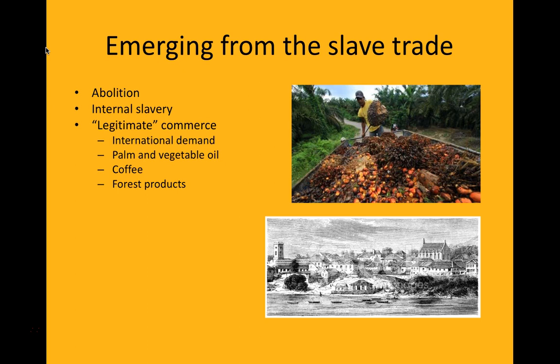Now, Britain, and this starts in Britain and it's eventually embraced by others, began to put pressure on its African partners. And one thing that should be said here is that the Europeans really were not involved in any significant way in the interior of the continent.